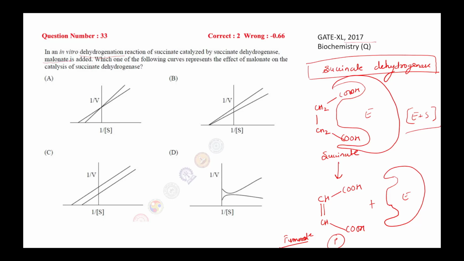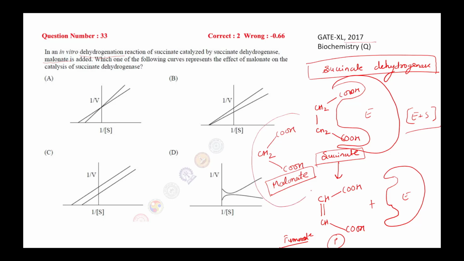So the malonate structure is like this. If we see the succinate and malonate structures, malonate and succinate are structurally similar, and both carboxylic acid residues are present in succinate and malonate, which can fit into the active site of the enzyme.